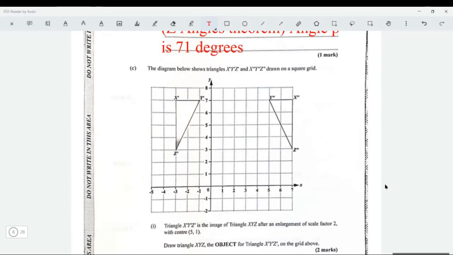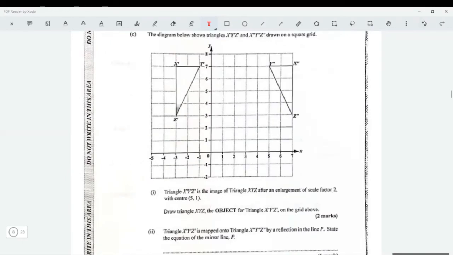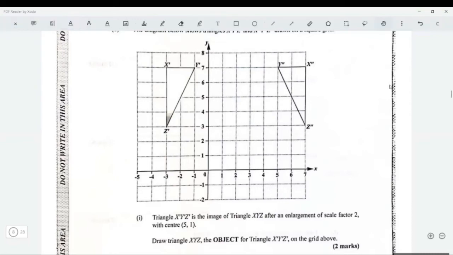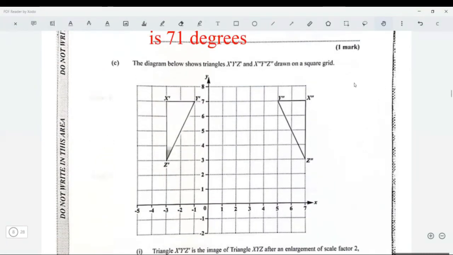All right, now the next part of the question says, the diagram below shows triangle X prime, Y prime, Z prime. I'm just going to zoom a little bit more so I can see what it is saying.